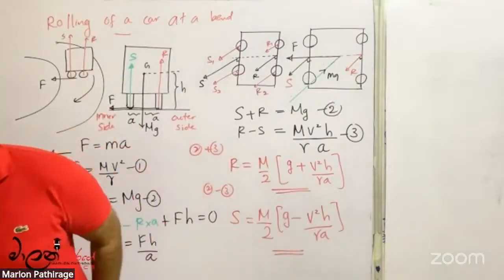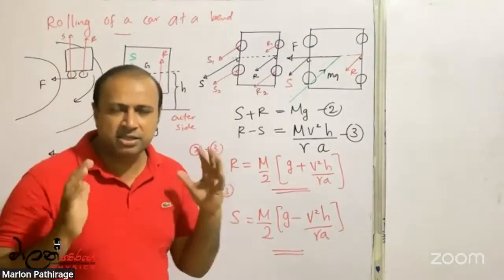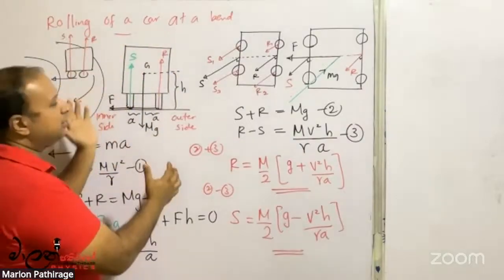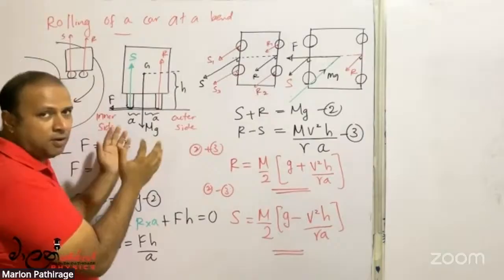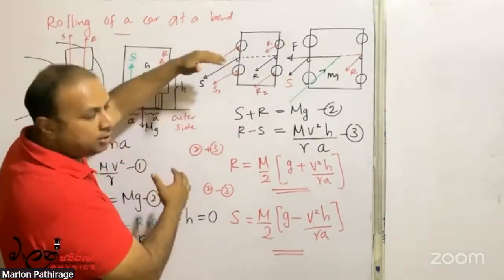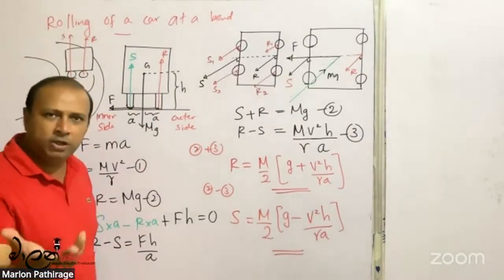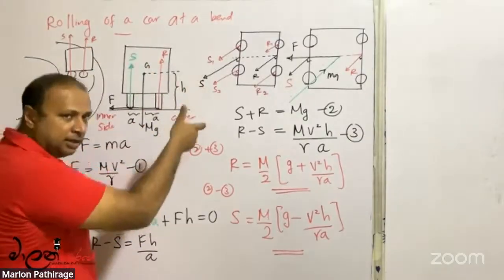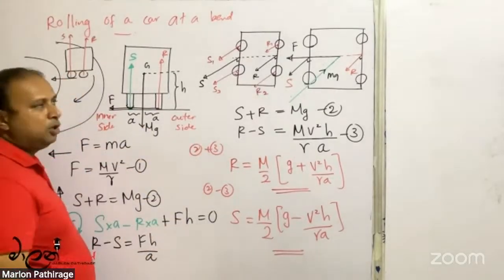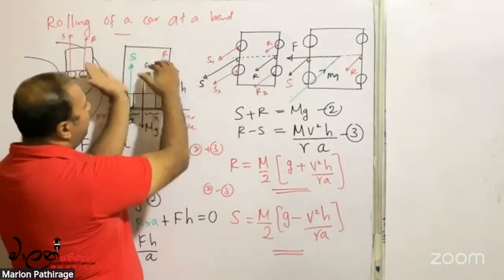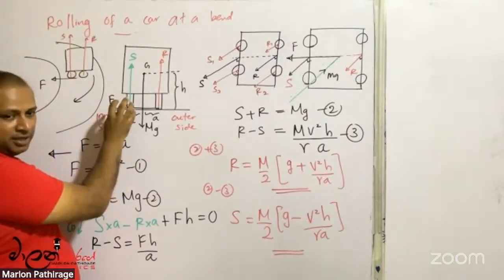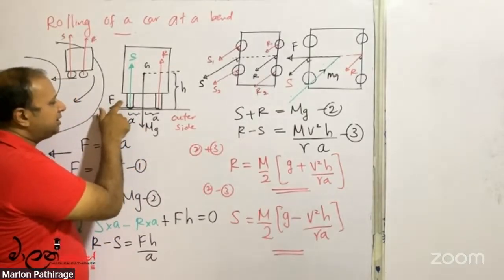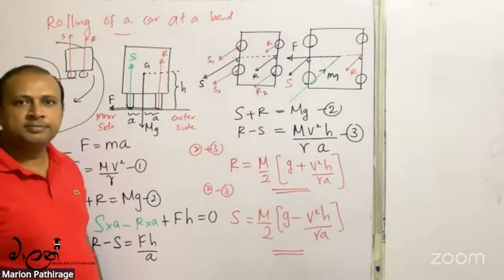Now look at my argument. Please listen to my argument. This is very, very important. If there is rolling, this car should roll either in the clockwise or the anti-clockwise direction. There are only two options. If it is moving in the clockwise direction, this tire will rise up, then the contact between the tire and the road will be lost.